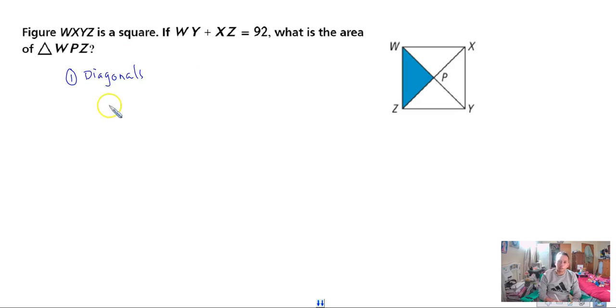So what we have is WY plus XZ is equal to 92. Therefore your WY, which is equal to XZ, if they are equal, you divide both sides by 2, then this is 46.